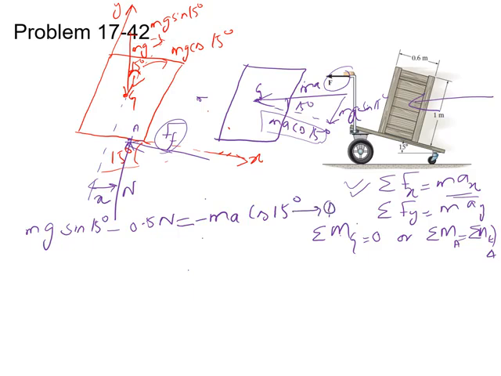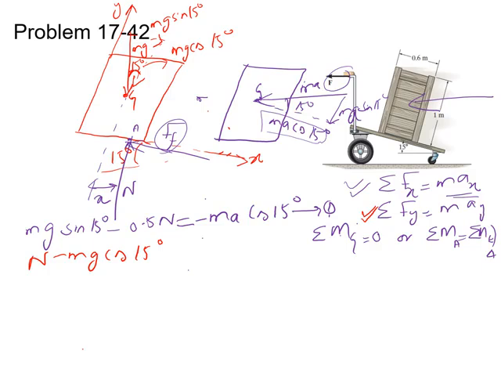By using the second equation, sum of the forces in the y direction equal to m a_y. In the y direction, two forces are acting: mg cos 15 degrees and the normal force N. As the normal force acts in the positive y direction, we use a positive N, while mg cos 15 degrees acts in the negative y direction, so it will be minus mg cos 15 degrees.